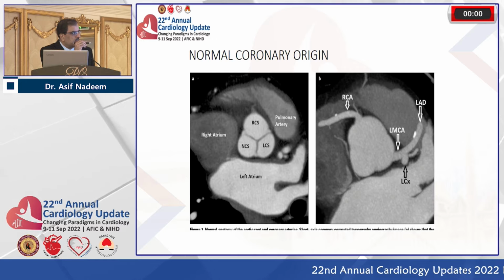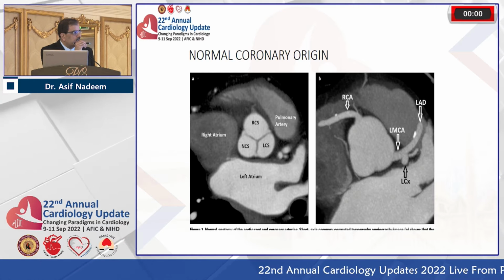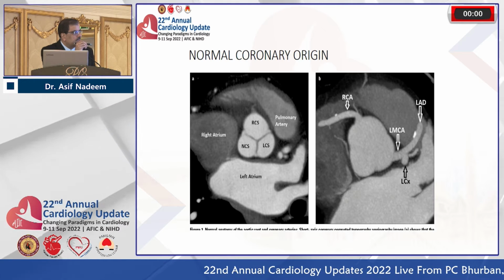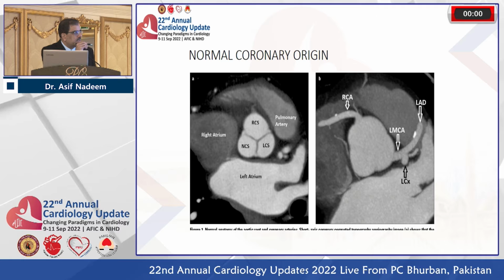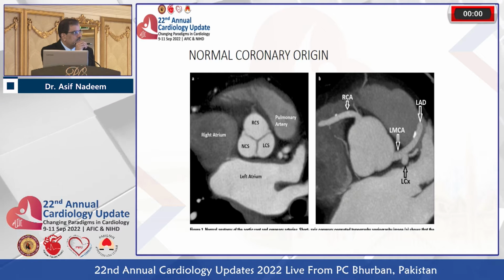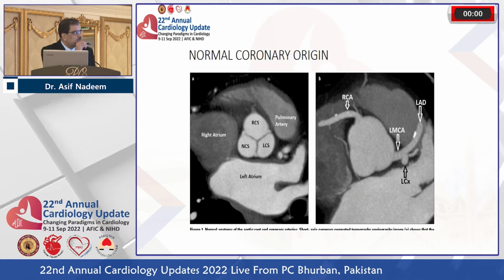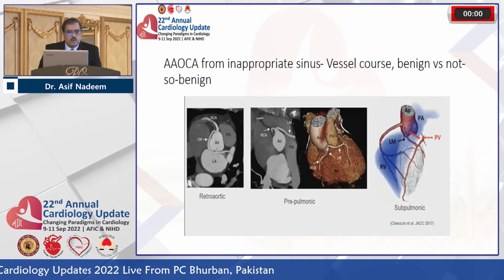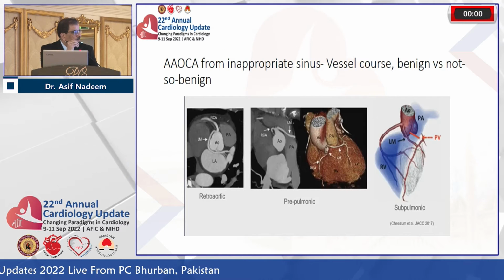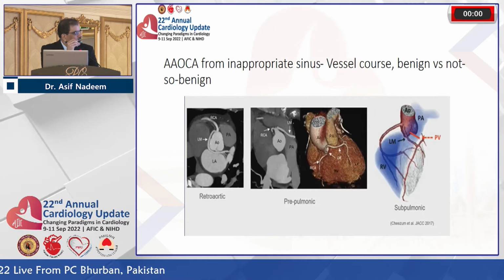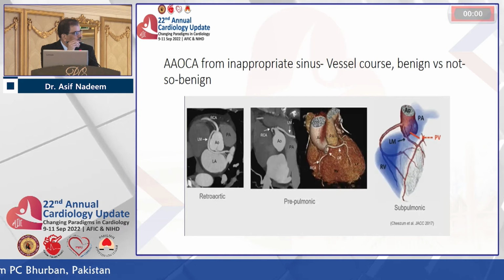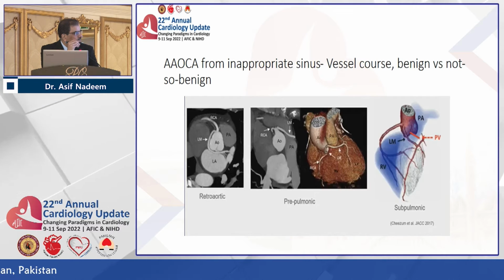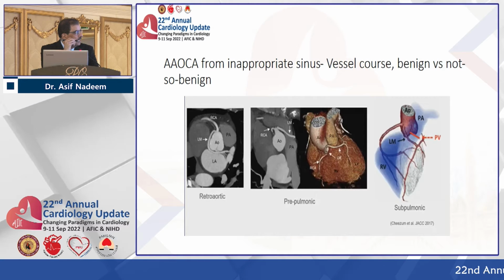This is the right coronary cusp, and the right coronary artery is arising from here. This is the left coronary cusp, and the left coronary is arising here. So this is a normal CT angio. This is normal anatomy. So this is abnormal. This is abnormal because the left coronary artery is originating from the right sinus, but it is taking a retroaortic course.